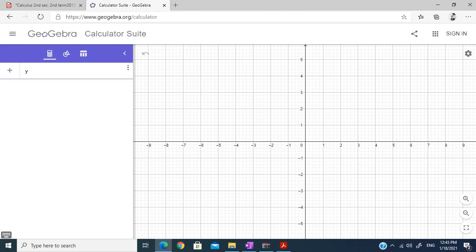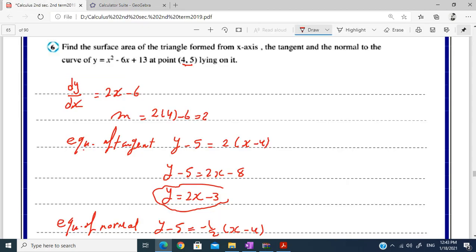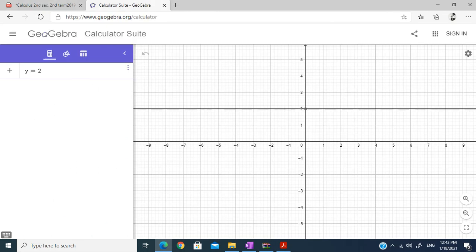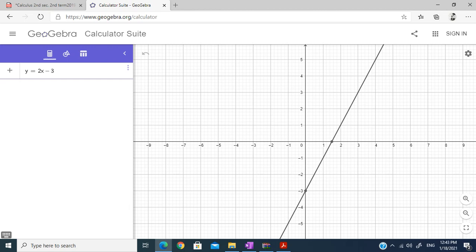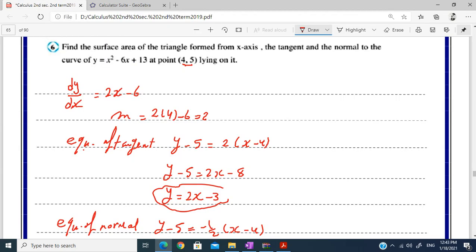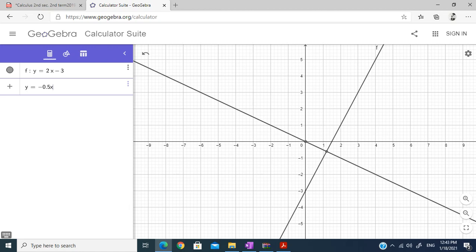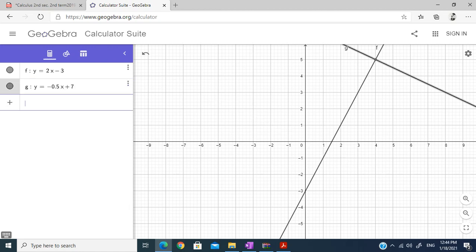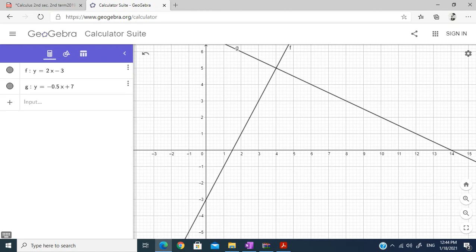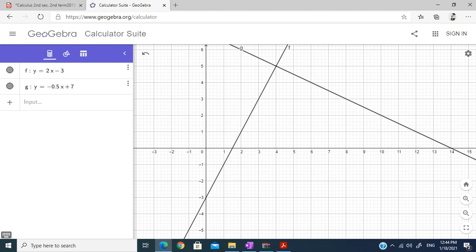The first line is y equals 2x minus 3, and the second line is y equals negative half x plus 7, negative 0.5x plus 7. So we have here the height.